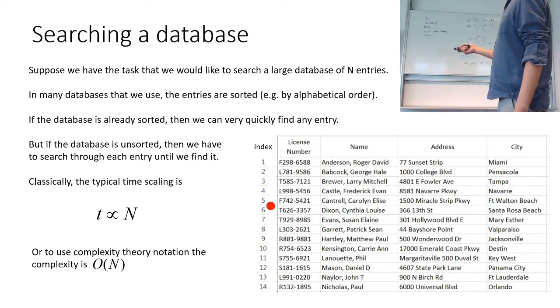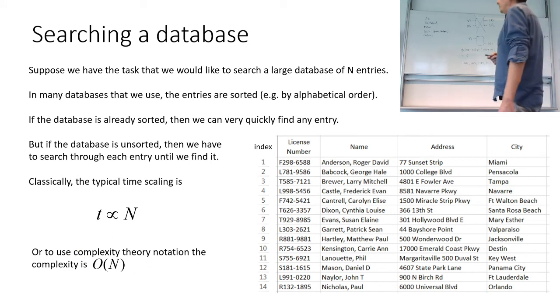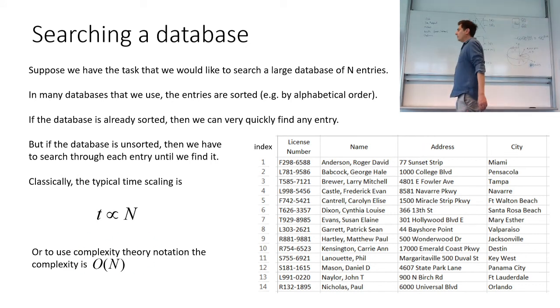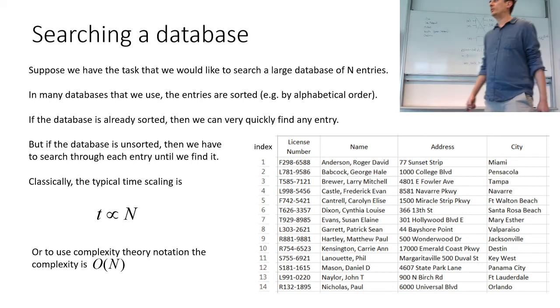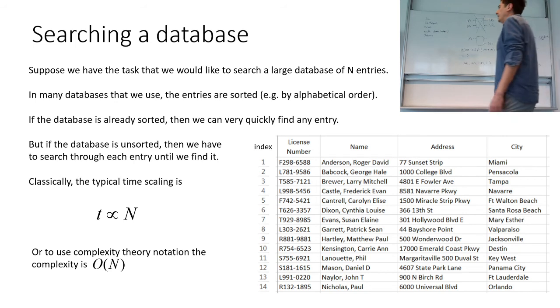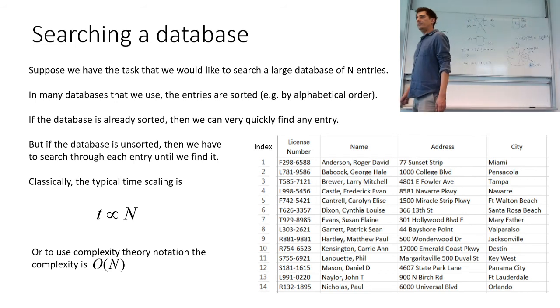So in complexity theory, you would say that the complexity of such an algorithm is O(n). Have you seen this notation before? Anyway, it's computer science stuff.